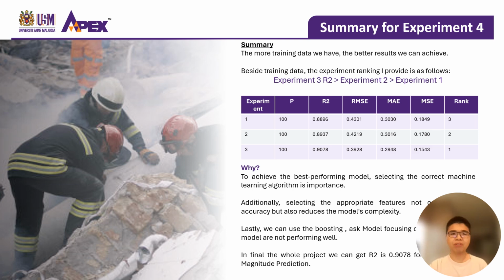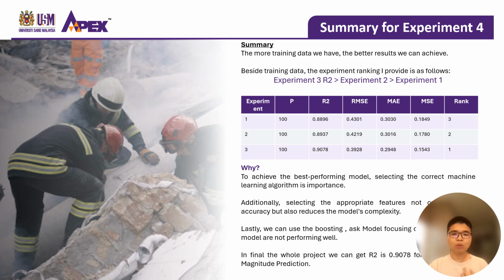Experiment 3 achieved the best performance with an R2 score of 0.907 compared to experiment 2, and experiment 2 is better than experiment 1. These were validated using the variant training sample sets to test the model performance. To achieve the best result, selecting the right machine learning algorithm at the early stage is important.